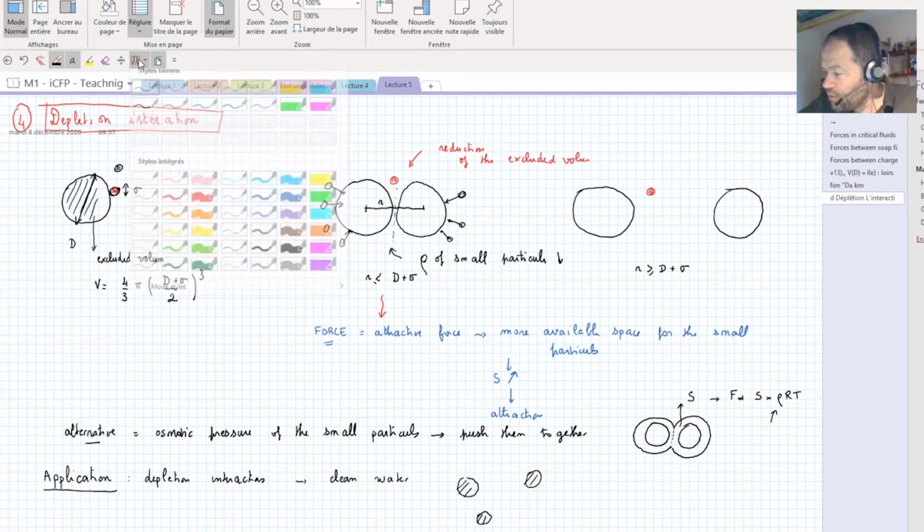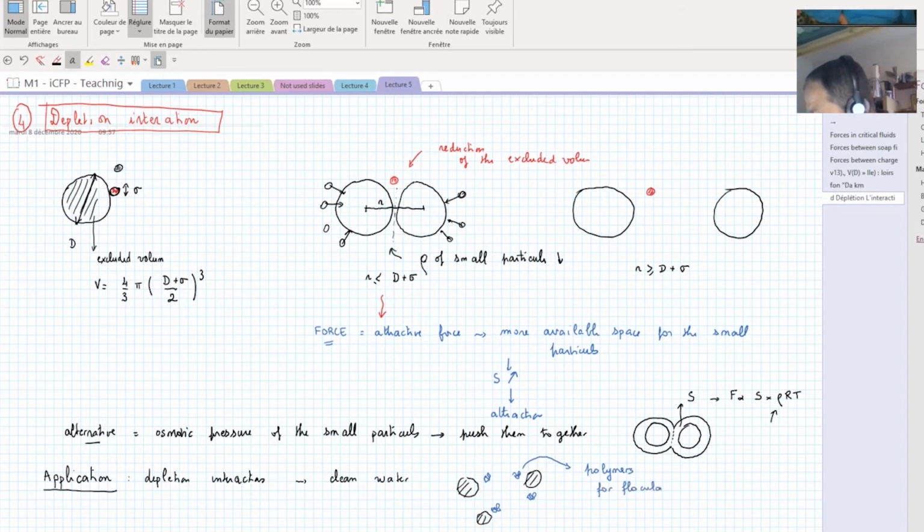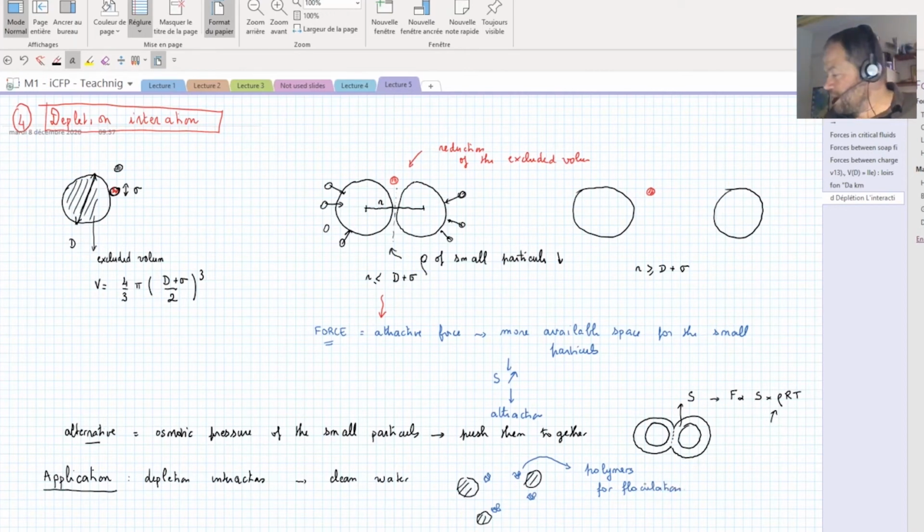The common way of doing that is adding some small particles, which will not really be particles but some polymers. That's a really common way of getting clean water, to add these polymers to help the flocculation.